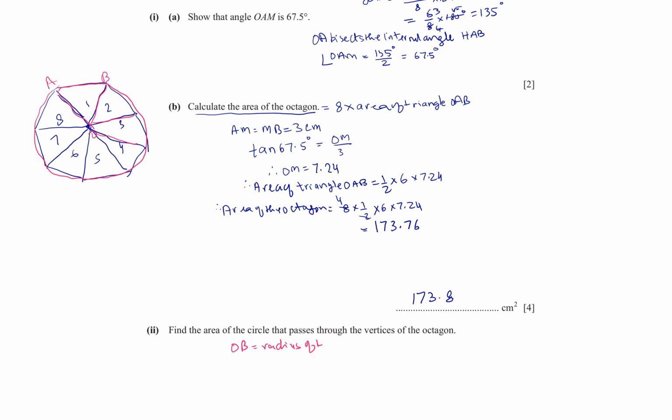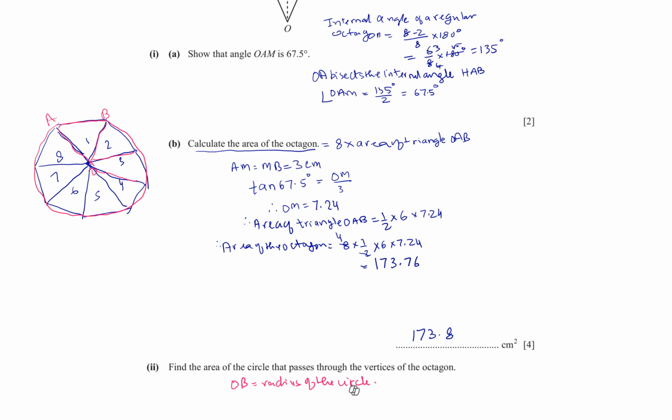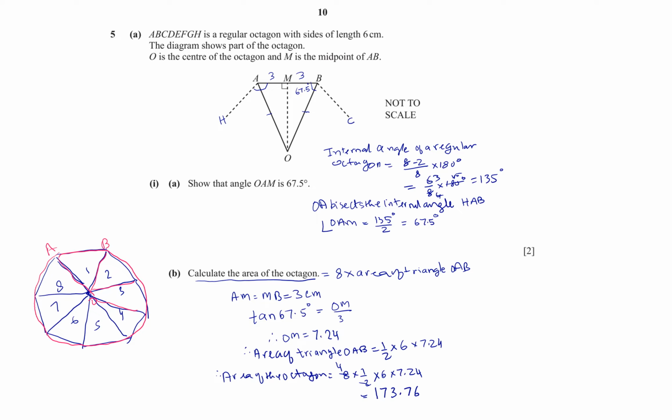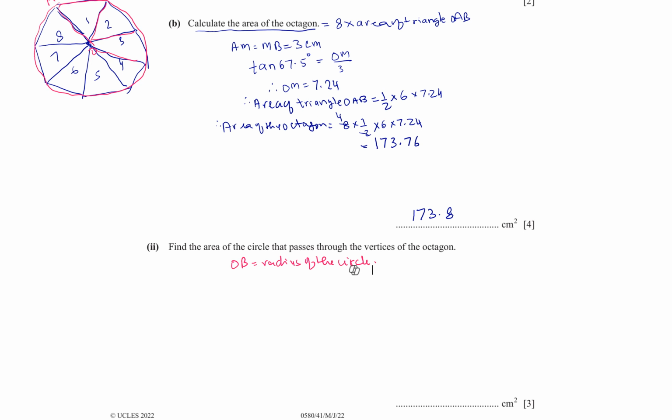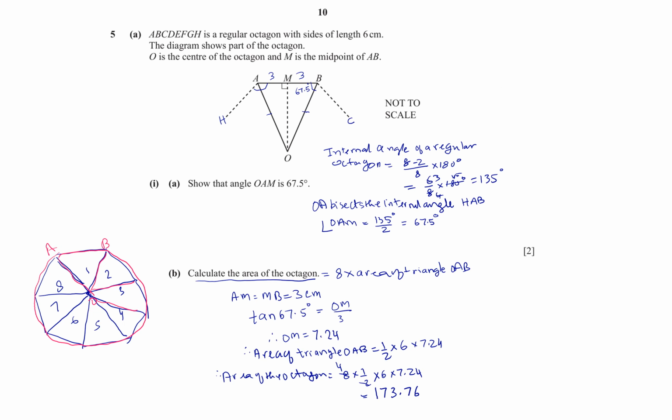Of course I could use Pythagoras, or I could say that cos 67.5 degrees is 3 over OB.